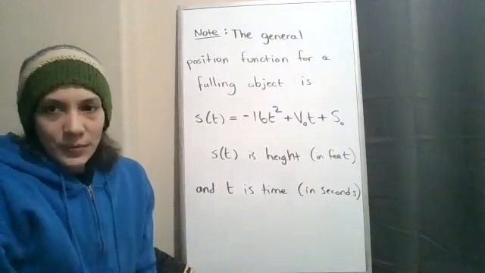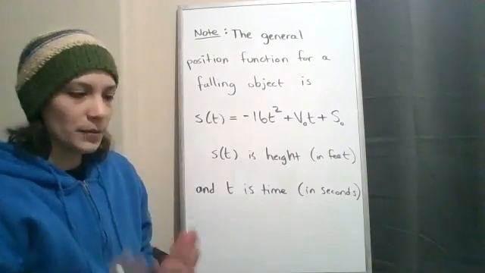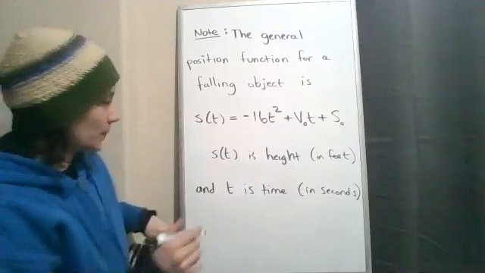All right, last example. With what initial velocity must an object be thrown upward from a height of 2 feet to reach a height of 200 feet?